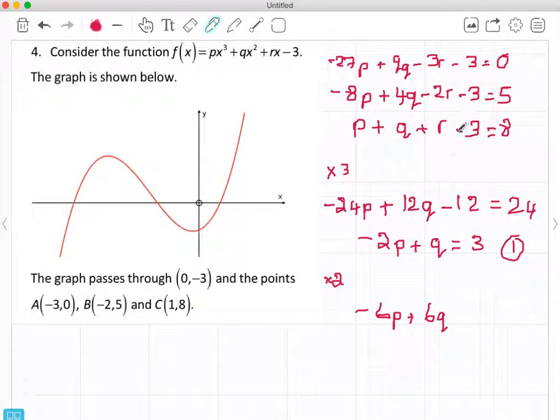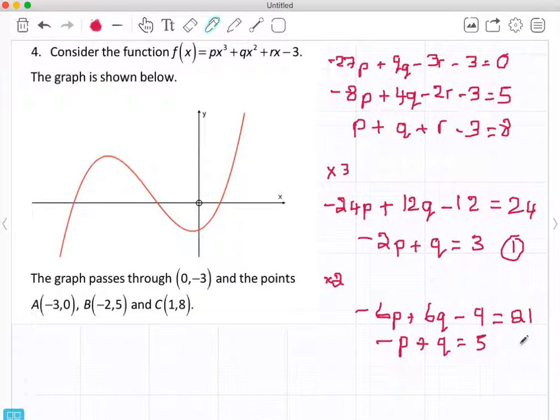Minus 3 plus minus 6 times 2 is minus 9. 2 lots of this is 16, add with 5 gives me 21. Again, I'm going to divide everything here by 6, because it's going to be 30 if I add 9 to both sides, and I end up with minus p plus q equals 5.